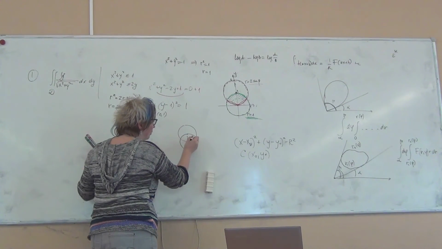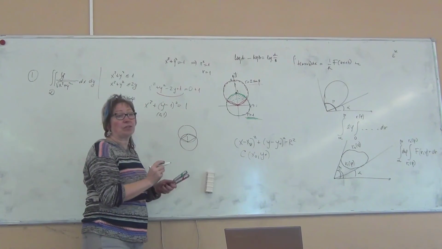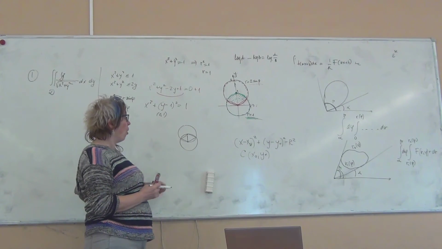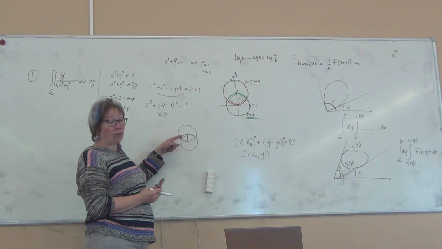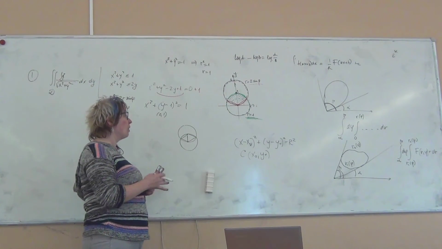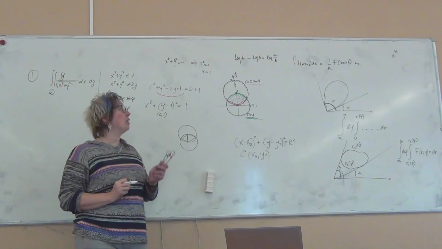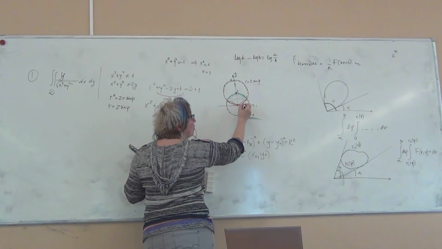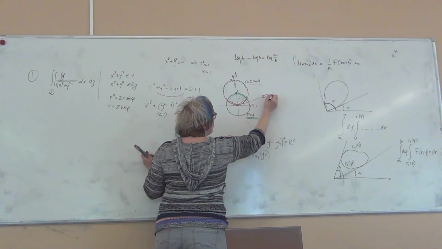This is the radius, this is the radius, this is the radius, this is the radius. So all these four segments are equal to 1, because it's the same radius. This means that all the angles in these triangles are 60 degrees, which means if this is 60 degrees, then this angle is 30 degrees, which is pi over 6.